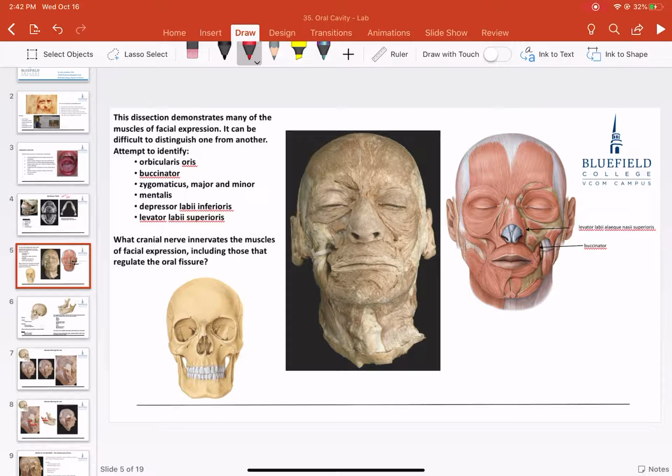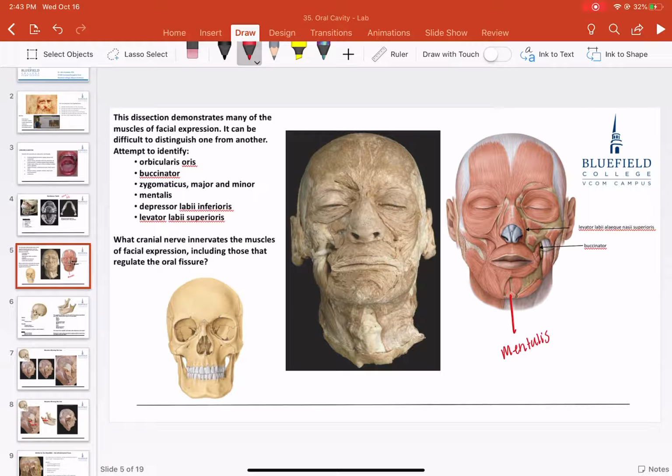A mentalis, mental tubercle, as mental is referring to the chin, so that's a bit of vocabulary that will help you associate the mentalis muscle with, it's going to draw the inferior lip down, fold it down.